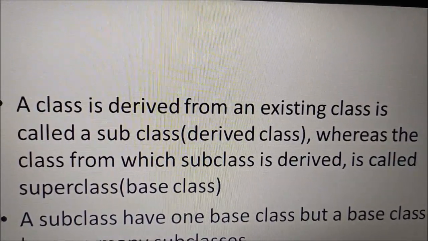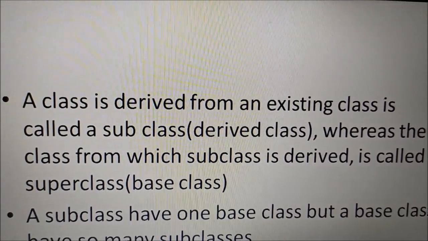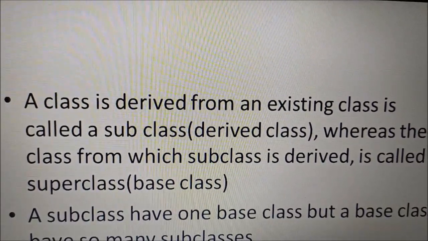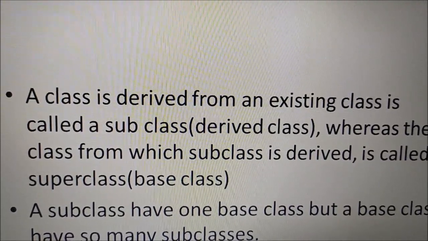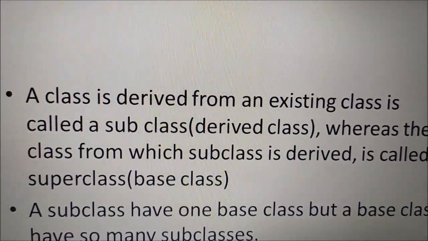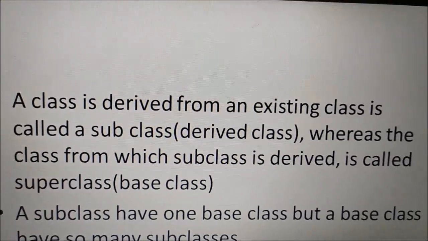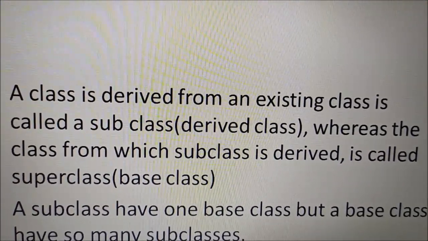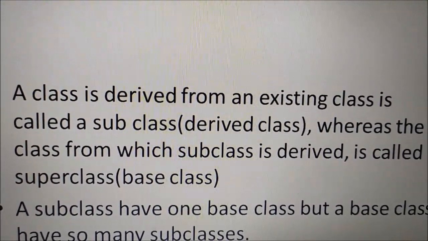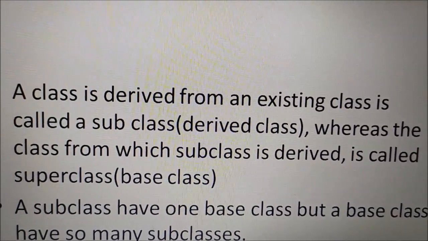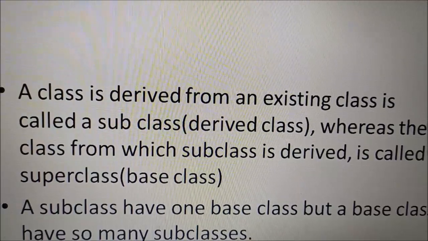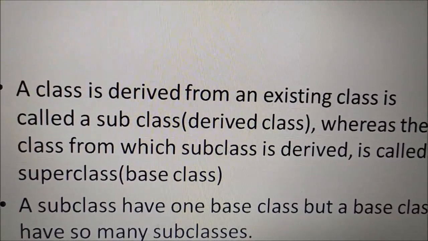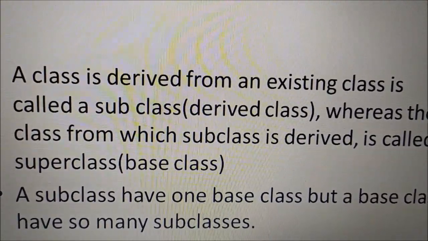So the existing class is the parent class, that is called the base class or super class. But the class which is derived from the base class or super class is known as the derived class. So a class derived from an existing class is called a subclass or derived class, and the class from where it is derived is called the super class or base class.